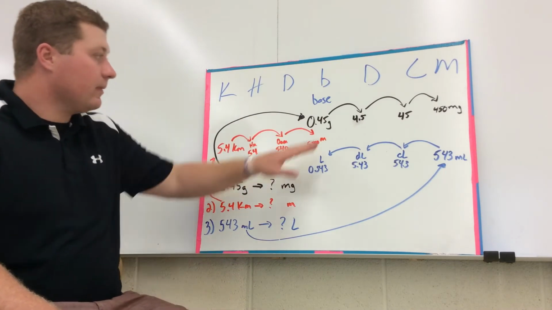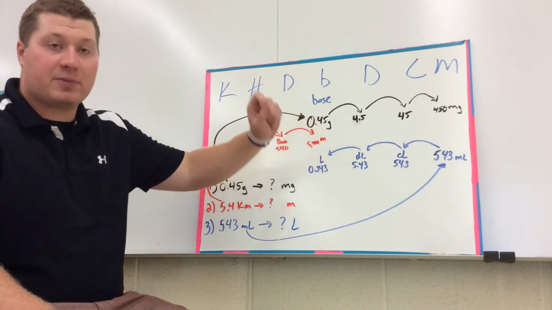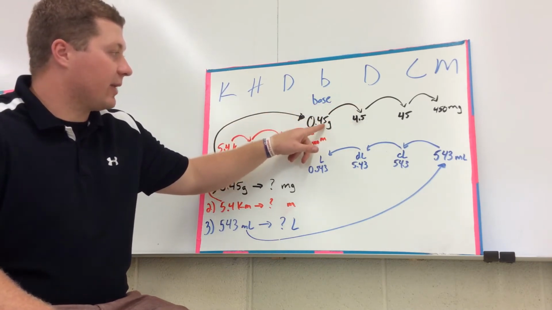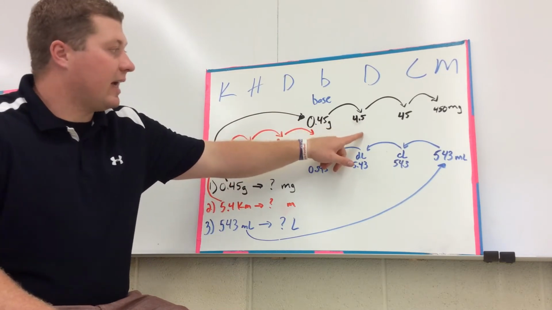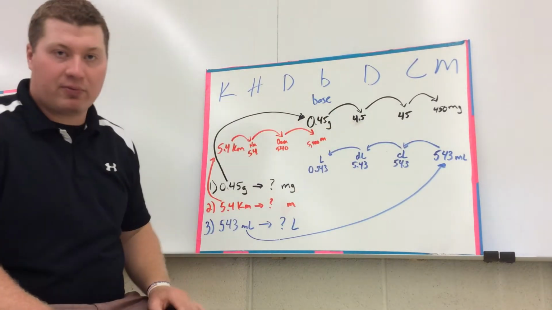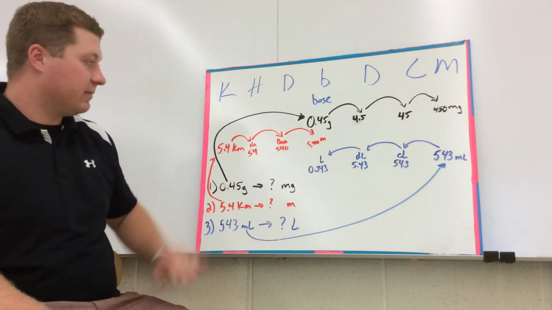Now, if we start with 0.45 grams, it's really easy because we're going to move the decimal as we jump. If we're jumping to the right, we're going to move the decimal to the right. So after one jump, it's 4.5. After two jumps, it's 45. And after the third jump, it'd be 450. So it's 450 milligrams for the first one.